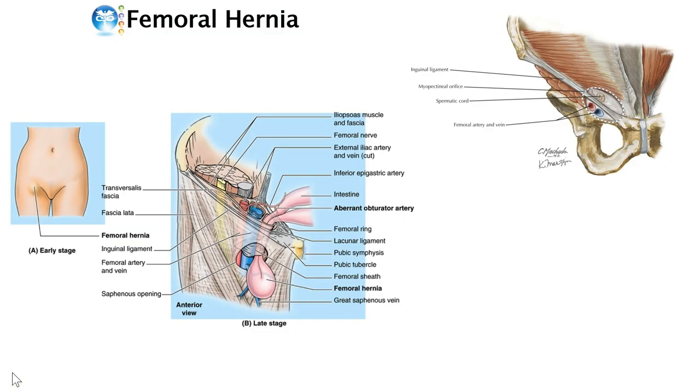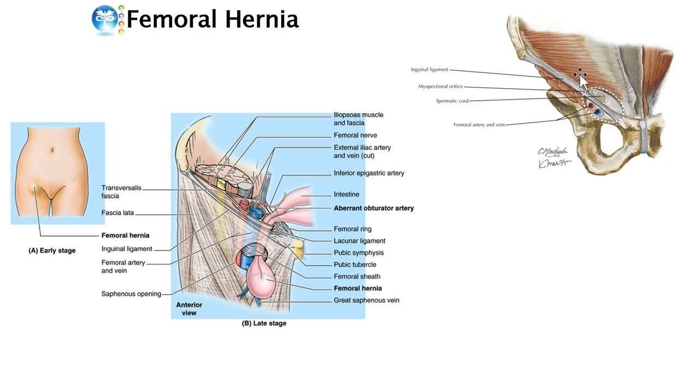In the next few slides, we're going to take our newfound knowledge of the anterior thigh and apply it, taking a look at some of the clinical conditions we may see. Here we can see a femoral hernia. Now remember, previously we've seen the condition called an inguinal hernia, and that could be a direct or indirect inguinal hernia.